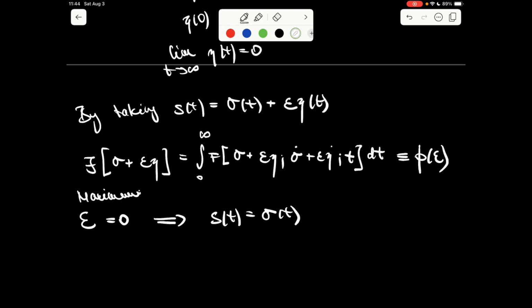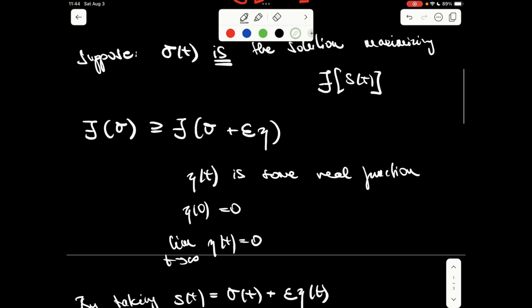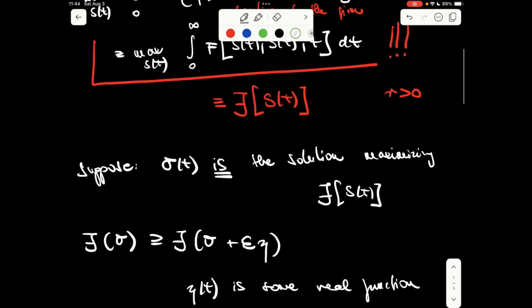By using this equation, we can say that the first order condition of maximizing the functional equation, this is what we are maximizing.